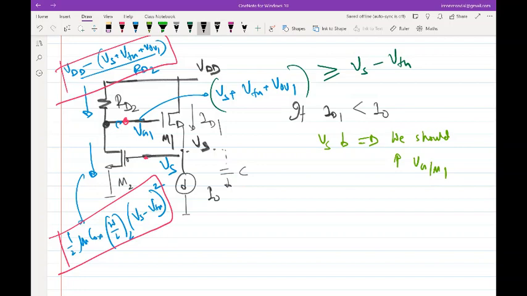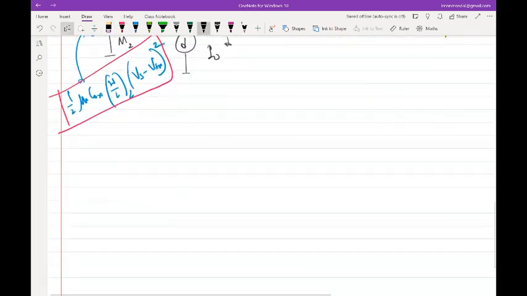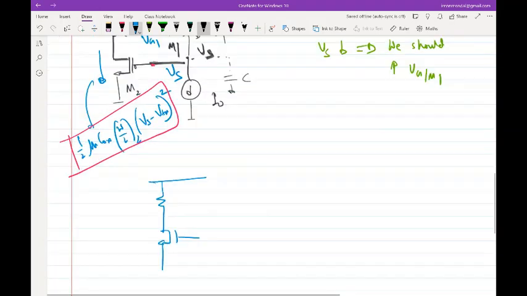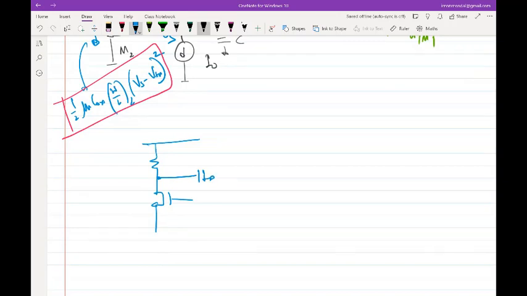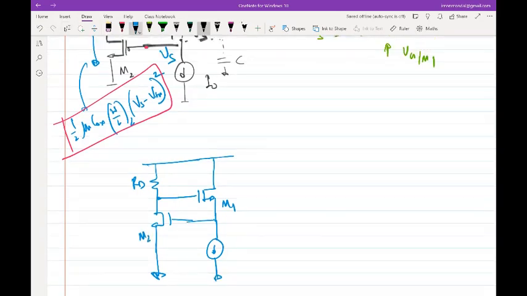If I change, let's say, I0. Let's assume that this current was I0 and it changed to I0 plus delta I0.